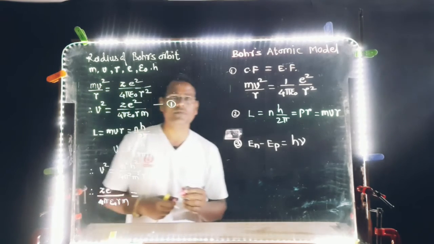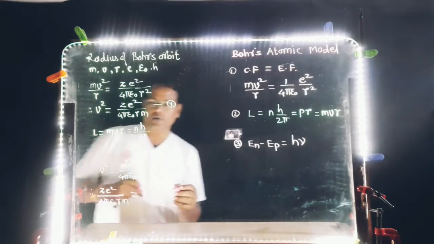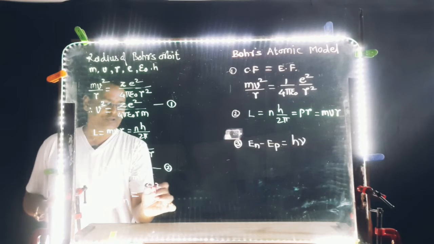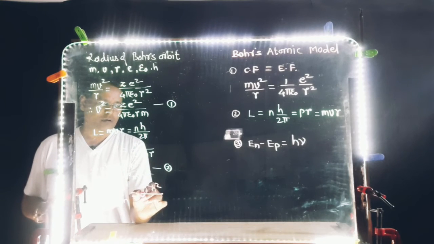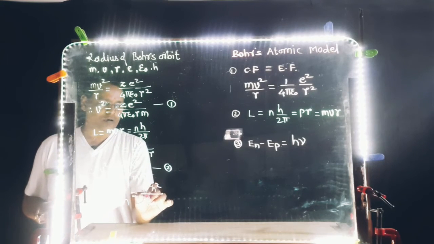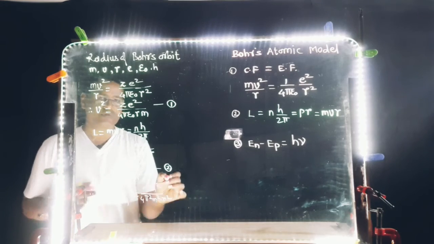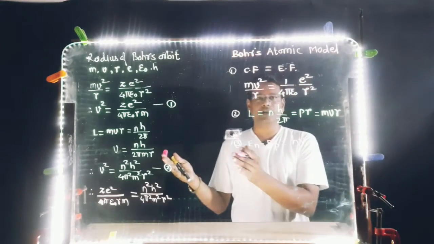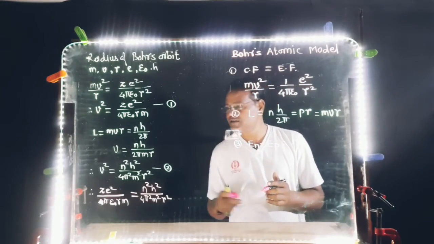It is equal to, what is second equation? It is n square h square divided by, it is 4 pi square m square and r square. So these are two equations. We equate their right hand sides.